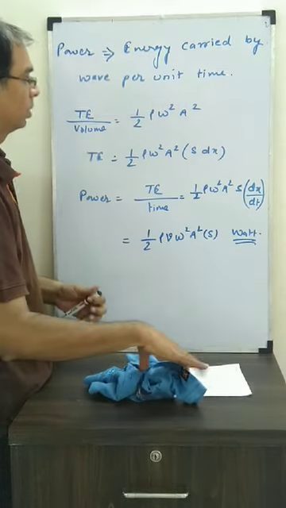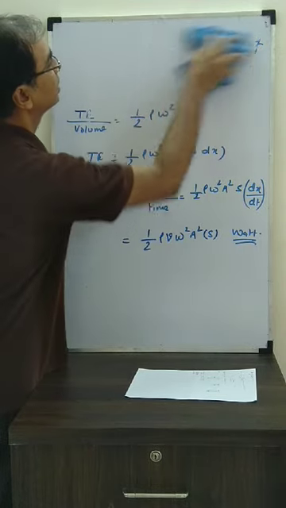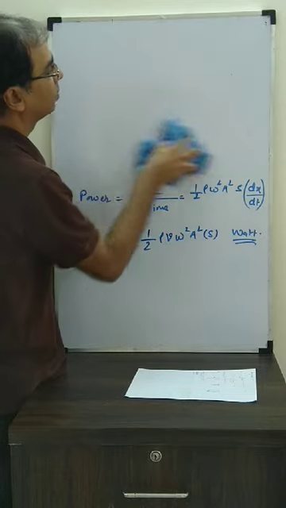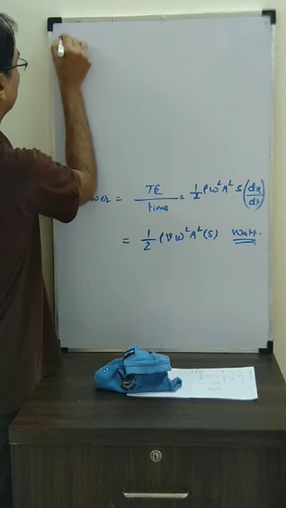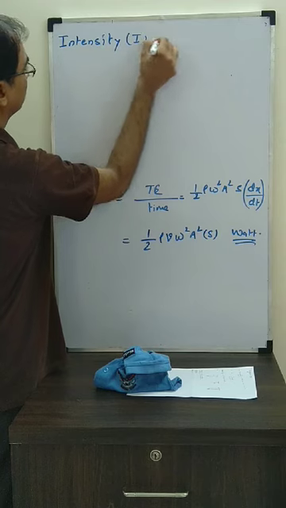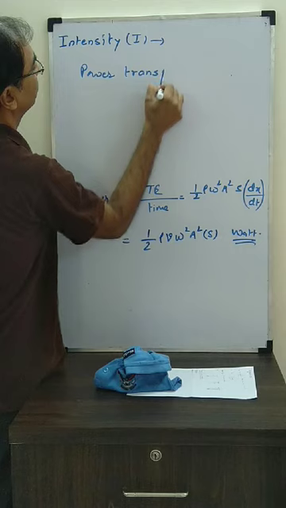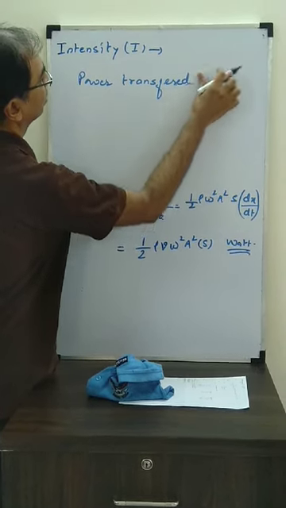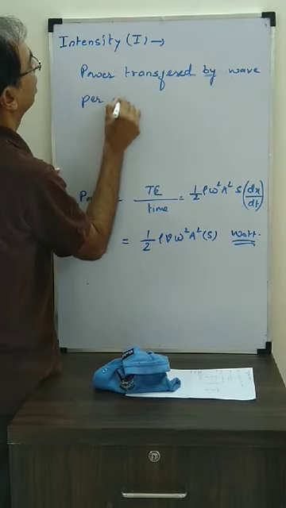Okay, now let us go for another term that's called intensity. What is intensity? Intensity is power carried by wave or power transferred by wave per unit area. Intensity is represented with I. Okay, power transferred by wave per unit area.